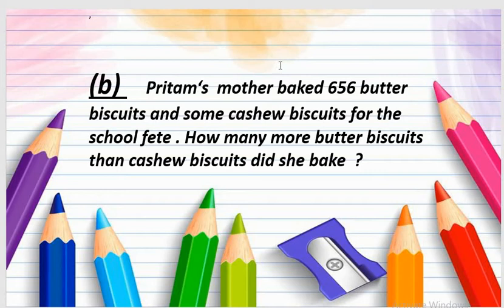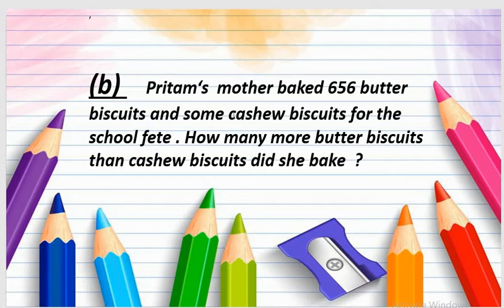So here let's check. First of all we understand, and then we check whether all the information is enough or not. Pritam's mother baked 656 butter biscuits and some cashew biscuits. Here 'some' doesn't clarify the number. So for the school fete, how many more butter biscuits than cashew biscuits did she bake?